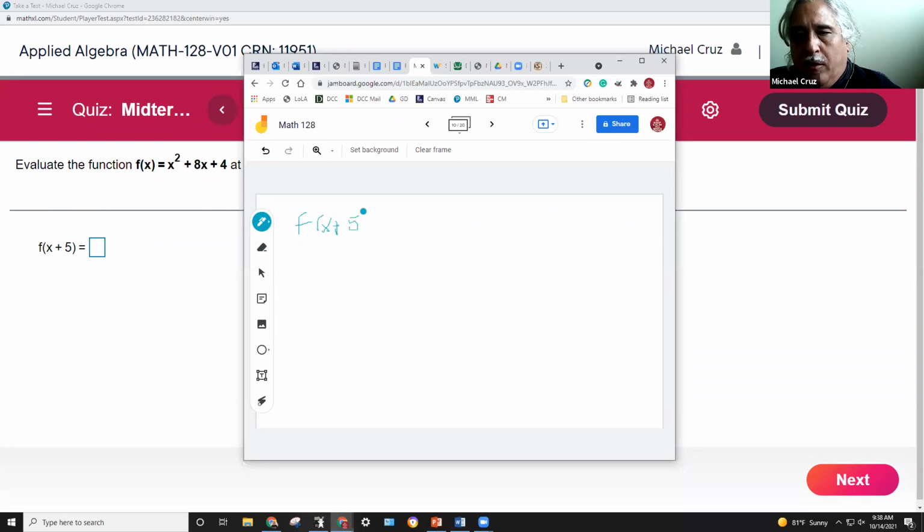You're going to put x plus 5 wherever there's an x, and you're just going to simplify. That's all that means.